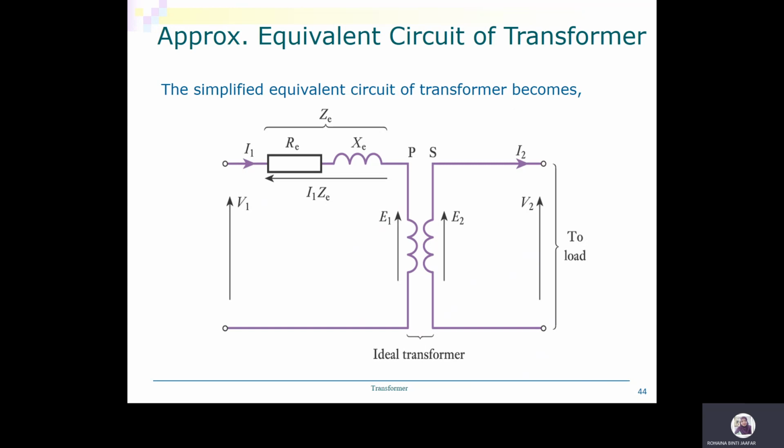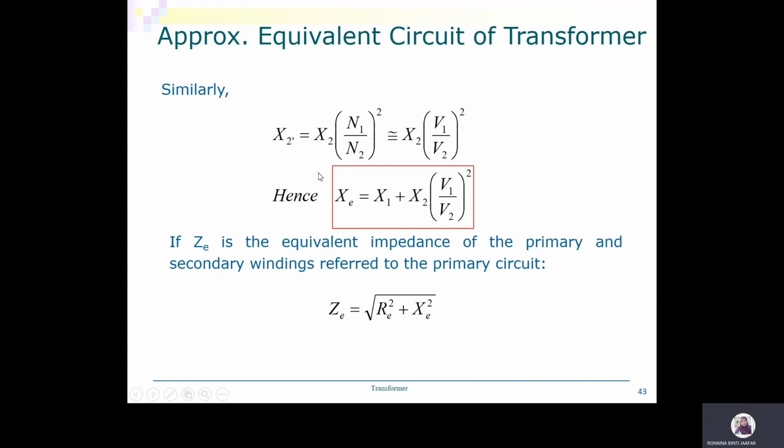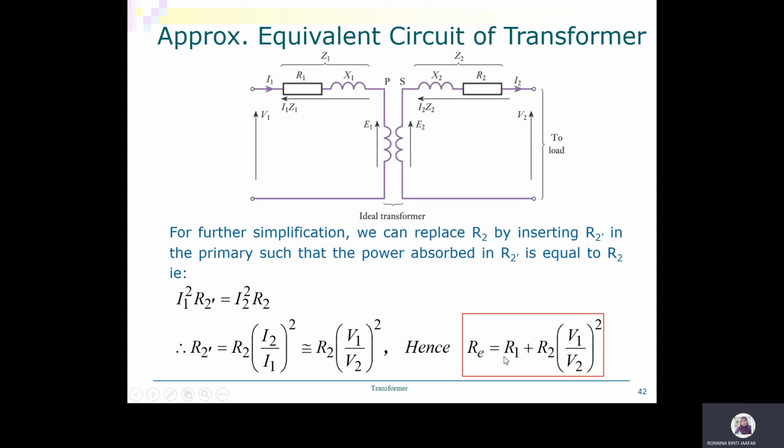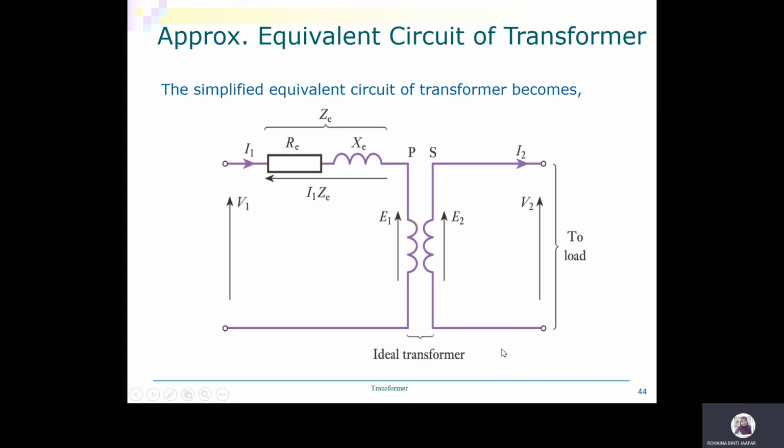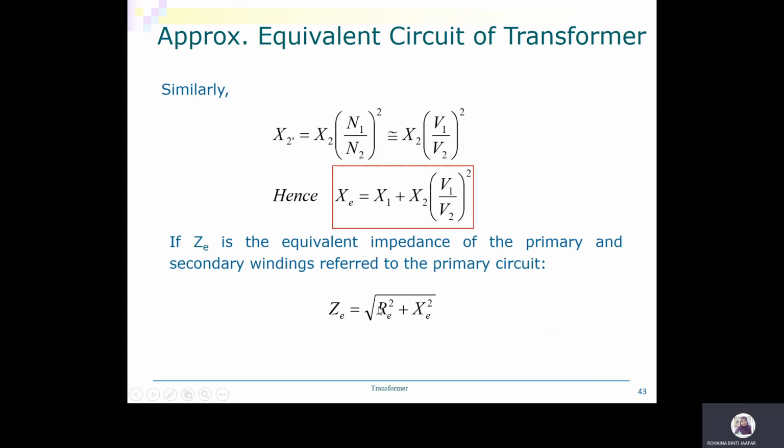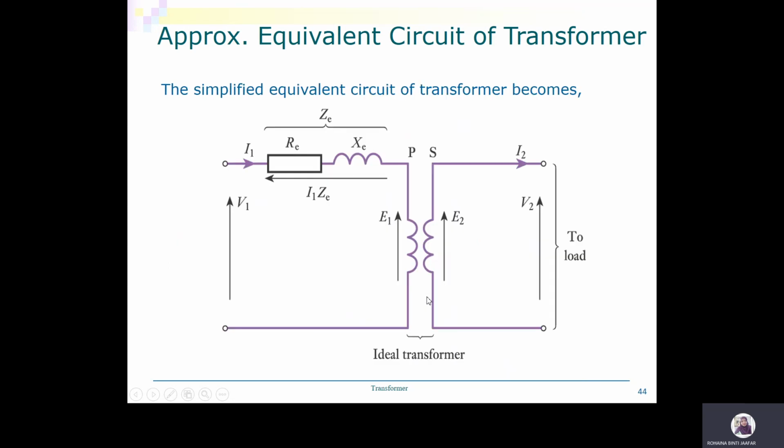These are the simplified equivalent circuit of the transformer. The RE and XE you use from these formulas, and for ZE we use this formula to get the value.